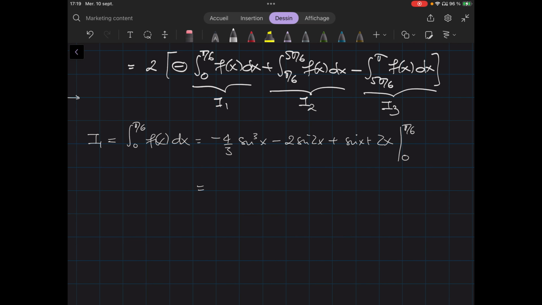Now let's plug in the upper bound. Sine of pi by 6, that is 1 by 2. Sine of pi by 3, that is root 3 by 2. Sine of pi by 6, that's 1 by 2. 2x, that's pi by 3.